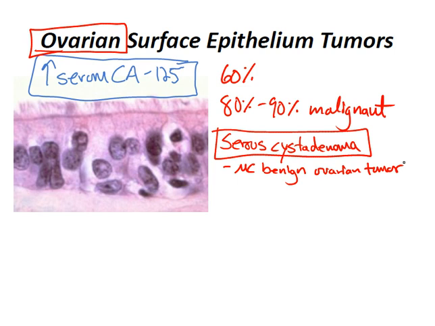Serous cystadenoma. So what's the most common malignant ovarian tumor? A serous cystadenocarcinoma.